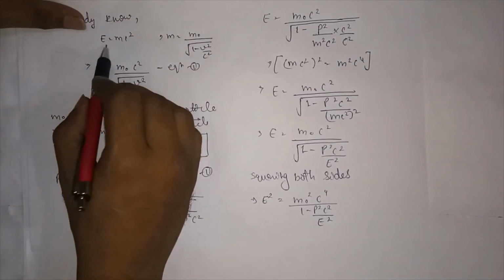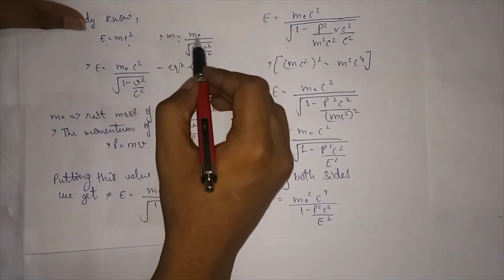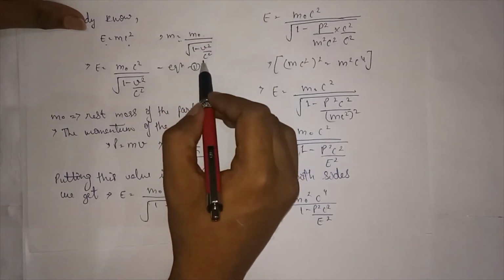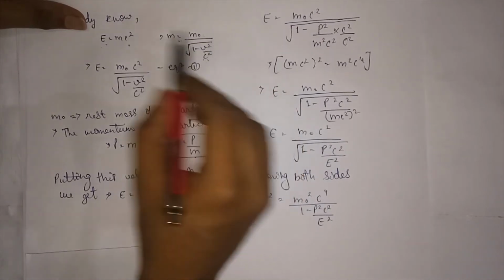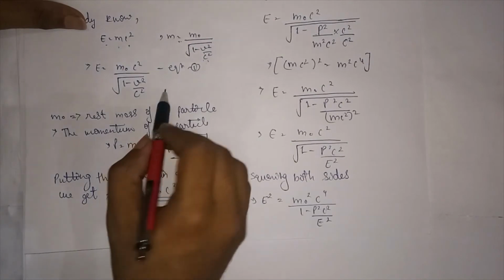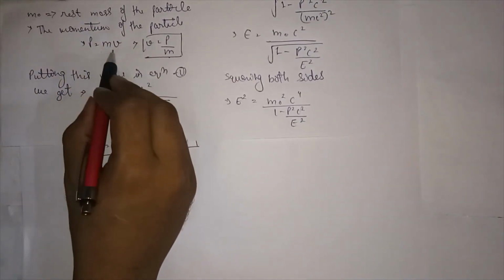Now let me give you a quick recap of the derivation. First of all, we already know that E equal to mc square and m equal to m naught upon under root 1 minus v square upon c square, and putting this value in this equation, we will get our first equation. And then we know that momentum equal to mv.